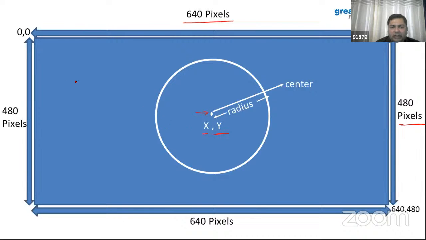Suppose I consider the center of the circle the same as the center of the screen, then it is supposed to be, you can write in the comment box, 320, half of 640, and half of 480 is 240. So this can be the center of the circle, if you want to draw the circle right at the center of the screen. So this is the center of the screen, don't forget.